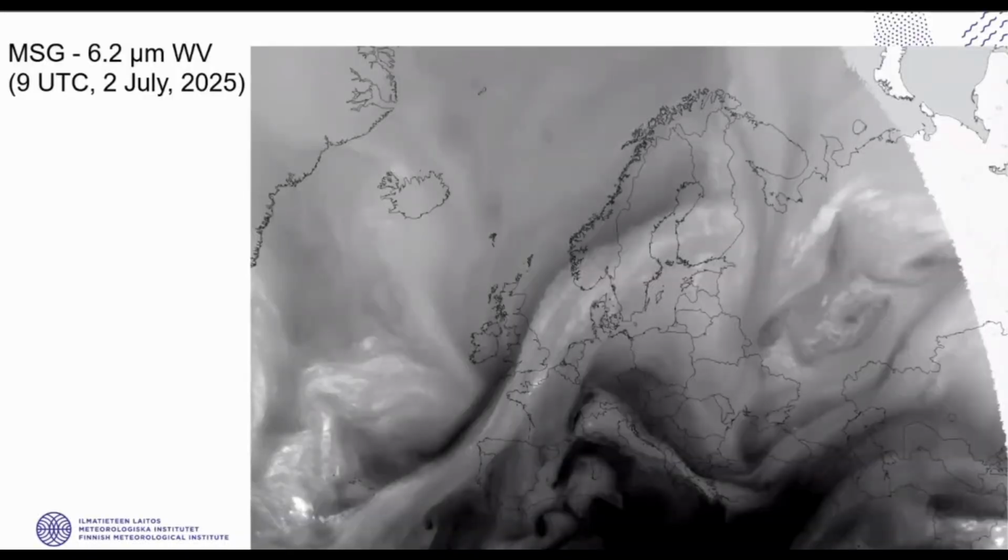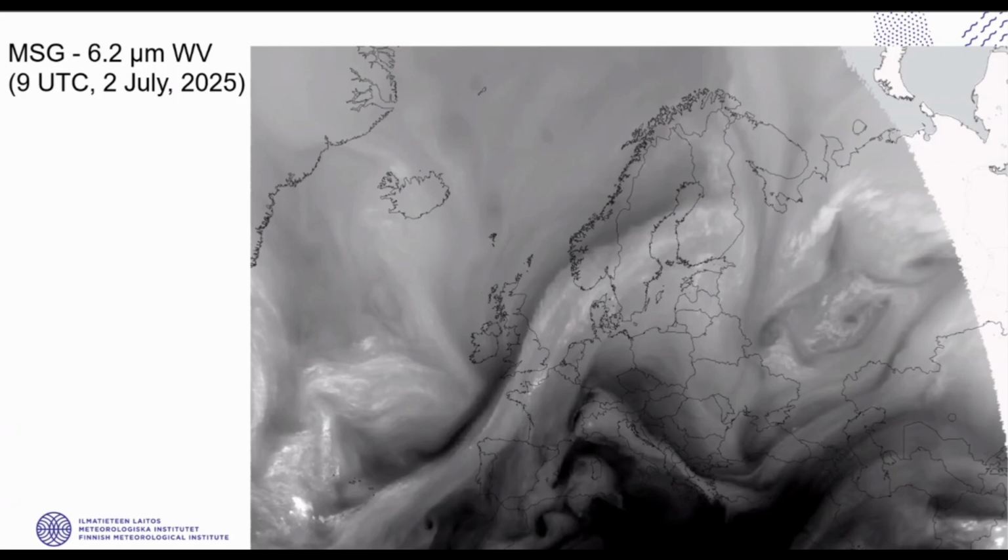So I'm an operational forecaster as well, and usually when I come to work, I start to look at the satellite images and other observations that give me a good overview and a bigger picture of what's going on in the atmosphere. So here I also took the water vapor channel, the 6.2 micrometers from 9 UTC today.